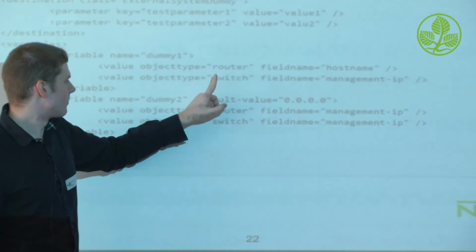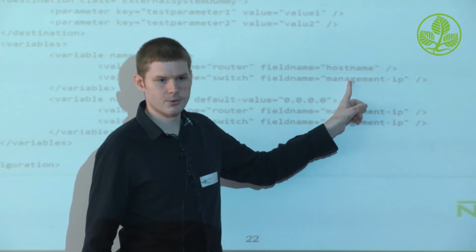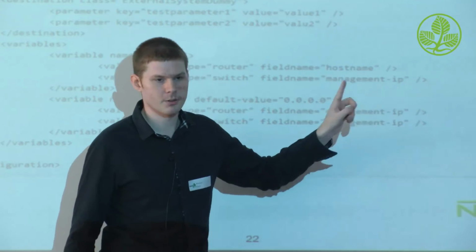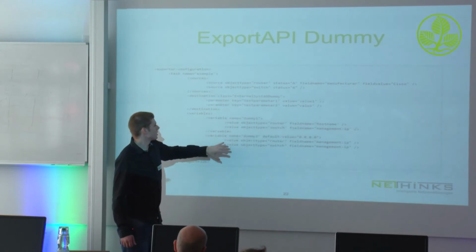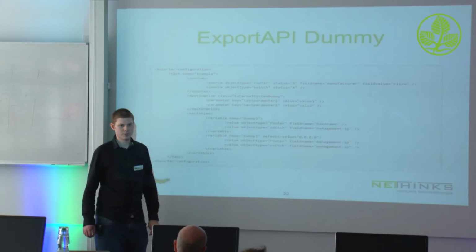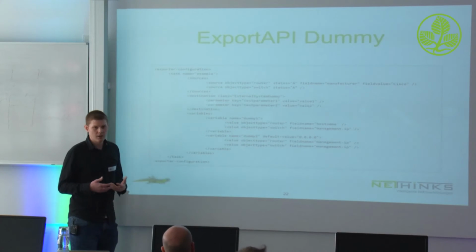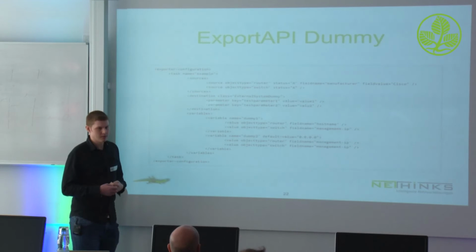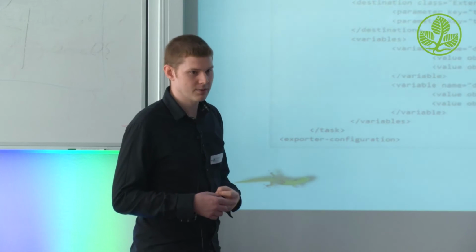For the object type switch, we use the content of the field management IP. And we can use this for the exporter. So this is the dummy configuration, which is not very interesting. On the next slide, I come to configuring a connection to OpenNMS.